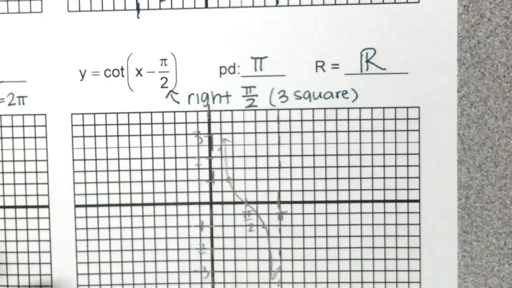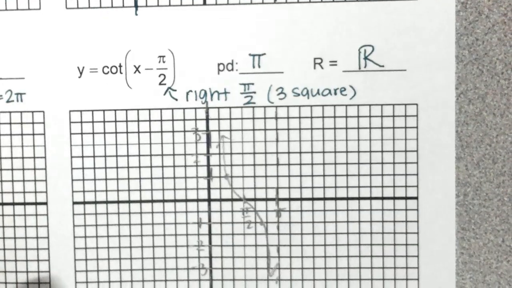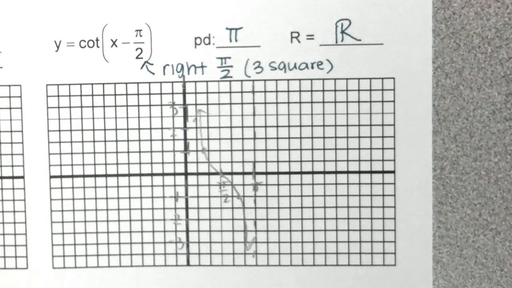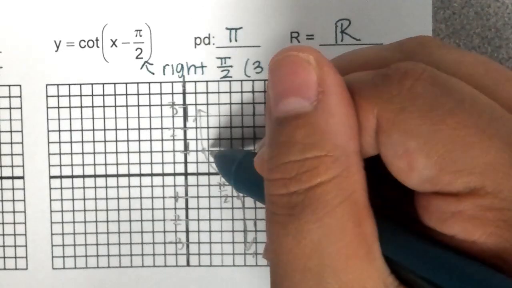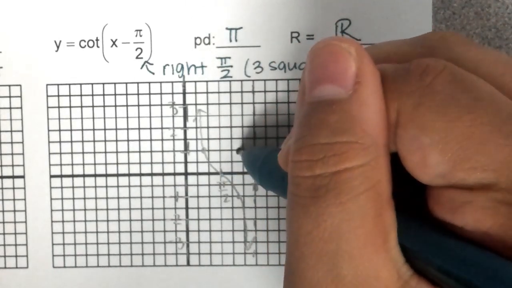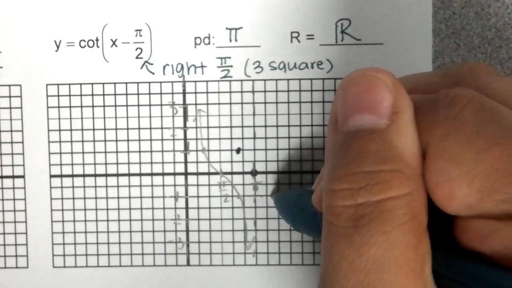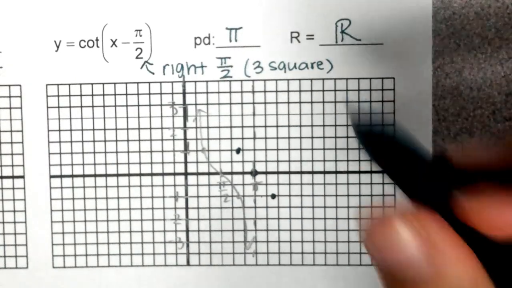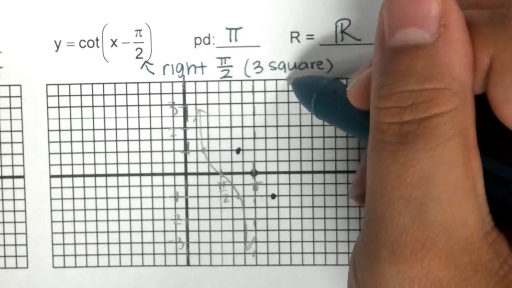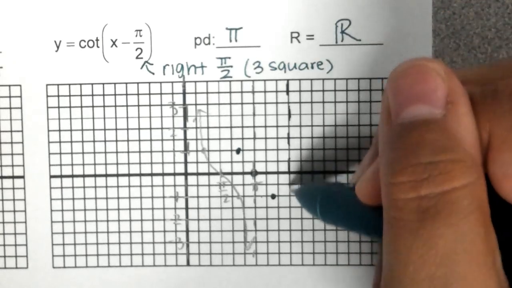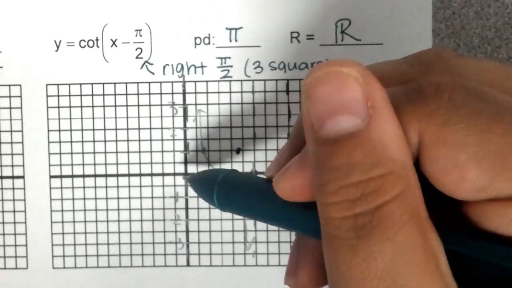That's just my parent function. And then I need to go right 3 squares. So I'm going to take each point, 1, 2, 3, 1, 2, 3, 1, 2, 3, and go right with each point. And I even got to take each asymptote and go right 3, 1, 2, 3.